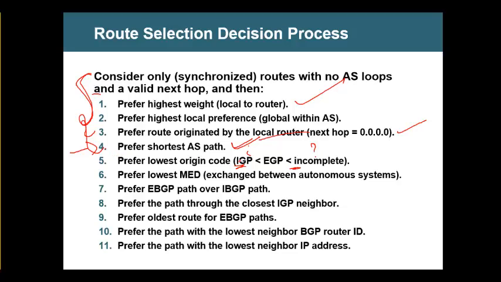It chooses the path whose origin code is I. See, try to understand these things as much as possible, but I'll be demonstrating this. That will give you much more clarity. But now understand the lowest origin code. I is lower than question mark. Lowest origin code is preferred.